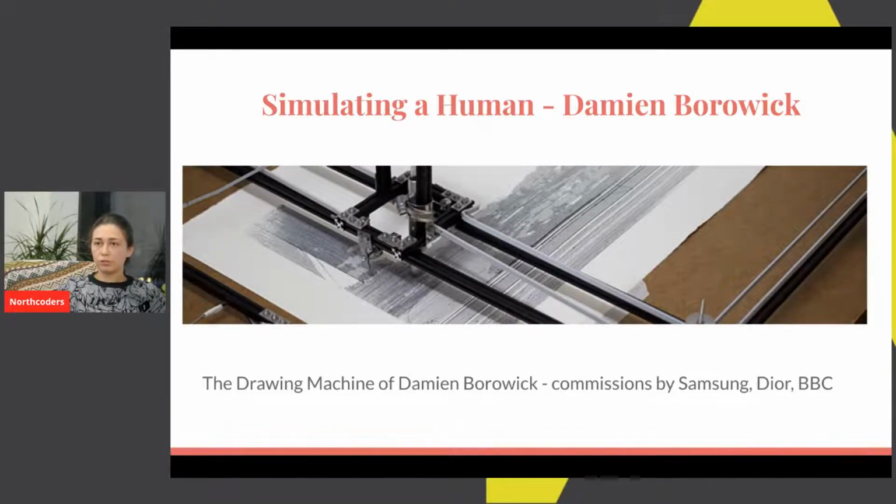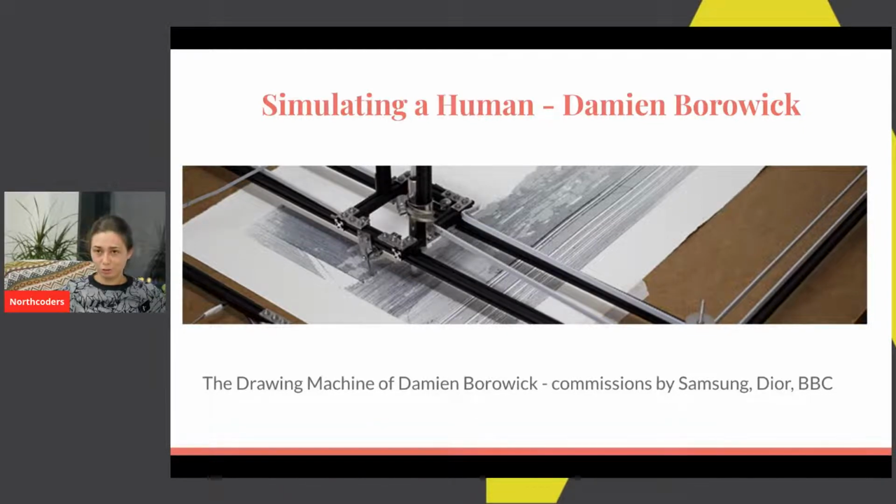I wanted to highlight first Damien Borowick, who has created the drawing machine. It presents like quite a big metallic frame, and a pencil or a pen, which are mediums traditionally used by artists, are plugged into the frame, and then the frame moves at a particular pace, at a particular rhythm, and it creates the most satisfying straight lines and corners.